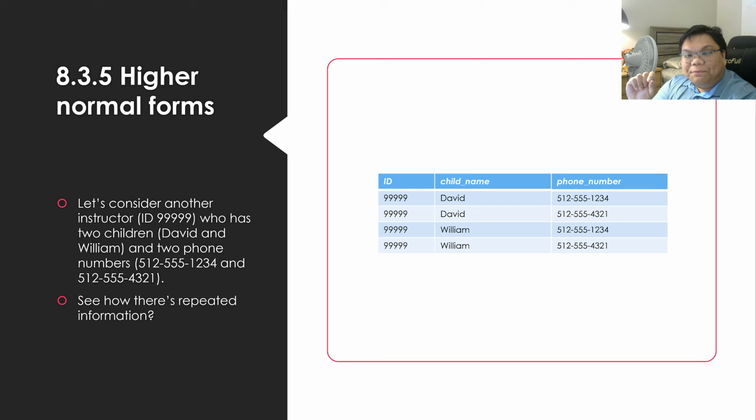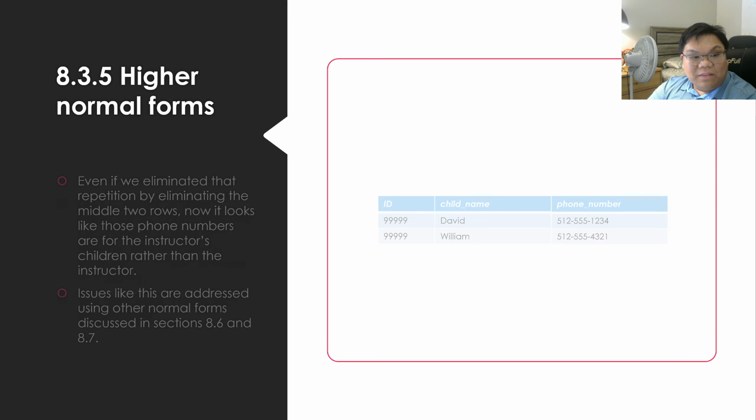And is David the one with the phone numbers 512-555-1234? Or is that 2 children named David? It's going to cause a little bit of confusion, but the point is, if we want each cell to have its own piece of data, we're going to have some repetition that we would like to avoid, because this is a little bit repetitive.